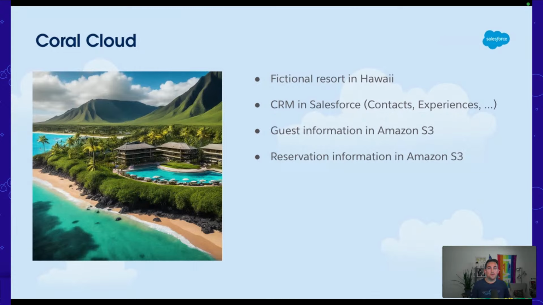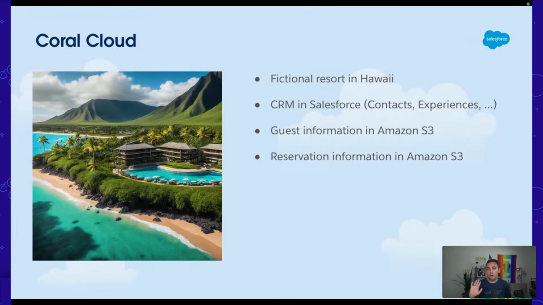Those are the types of things that a hotel or resort may be storing inside of CRM. But what you will find with most hotel chains is that all of their reservation and booking data are stored in third-party bespoke systems for hotel and reservation management. And so a lot of times we will see customers of ours who manage hotels and use Salesforce always have two different screens open.